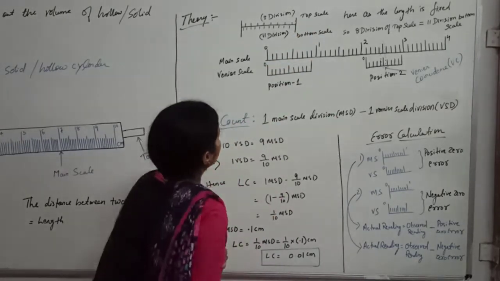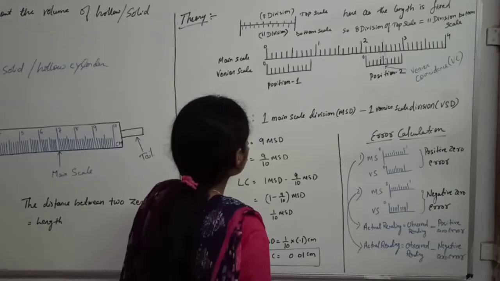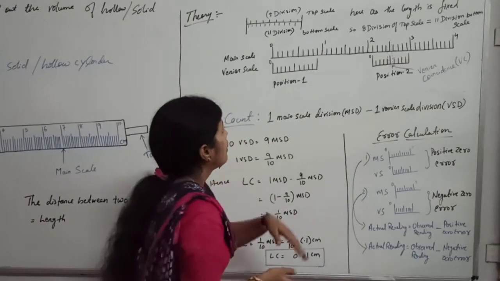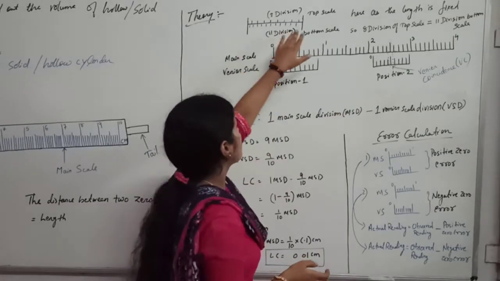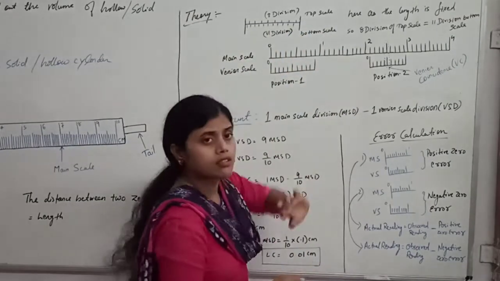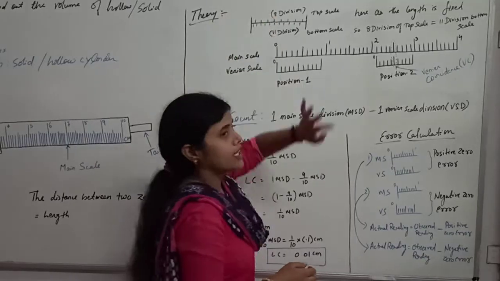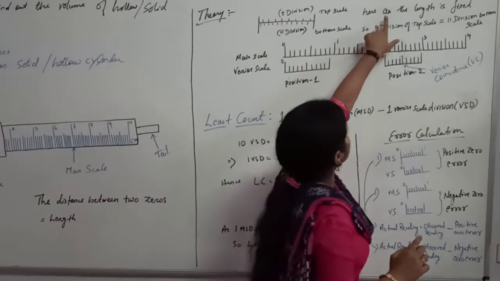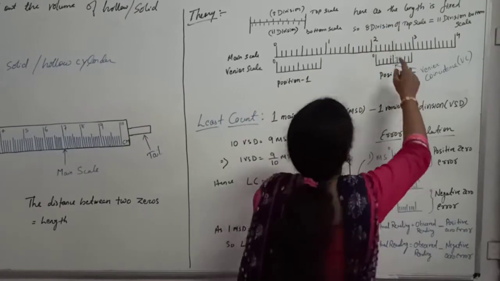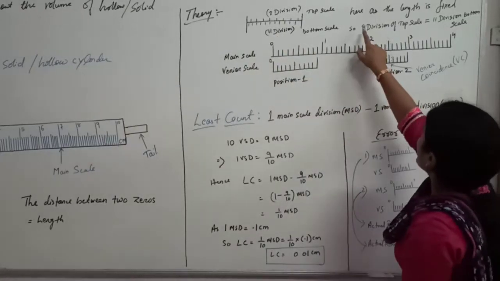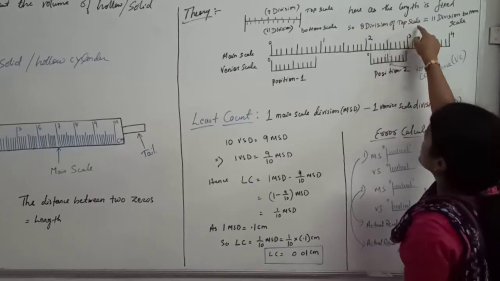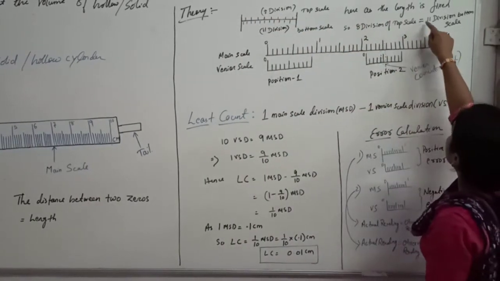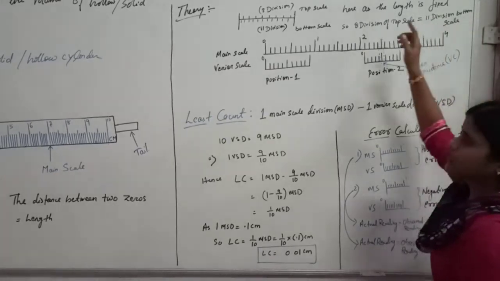So according to the Vernier principle, if the length is fixed, no matter how many divisions you draw on that length, both will be equivalent, because the length is fixed. You see, here as the length is fixed, so I can write 8 divisions of top scale is equal to 11 divisions of bottom scale.